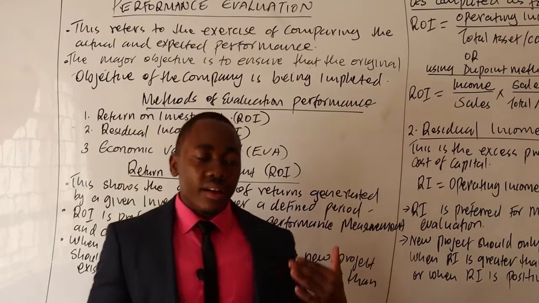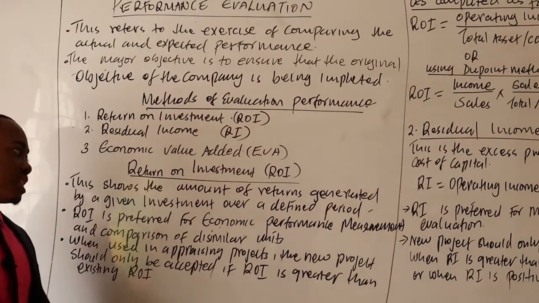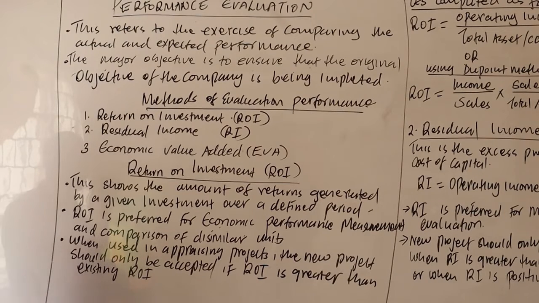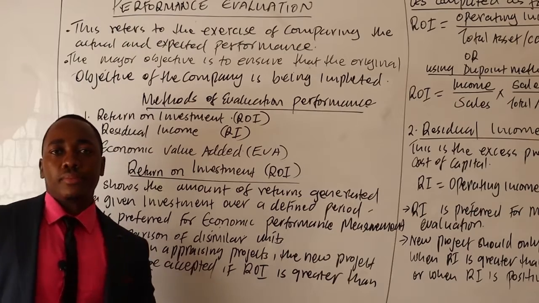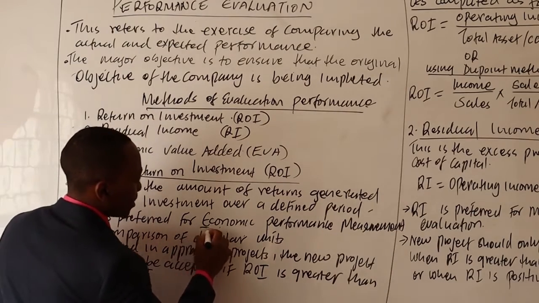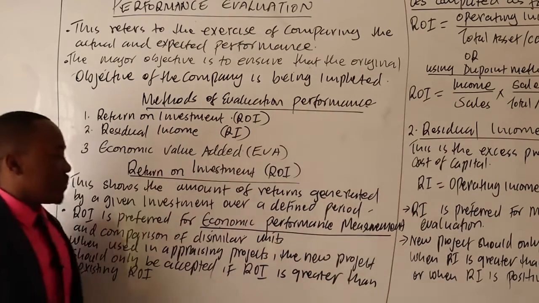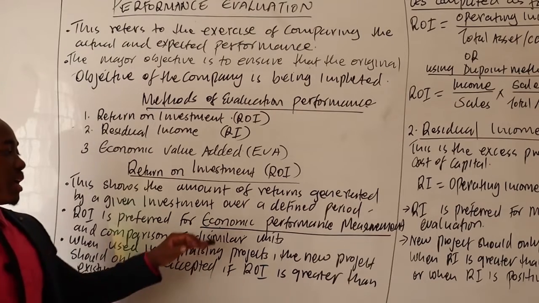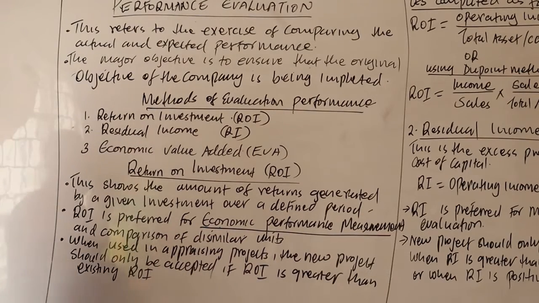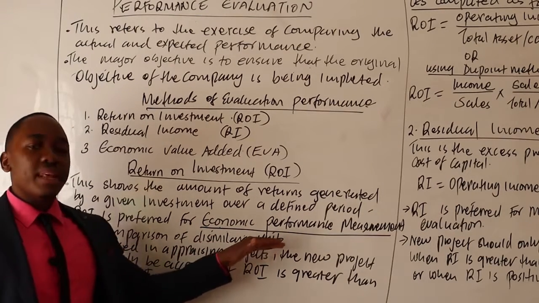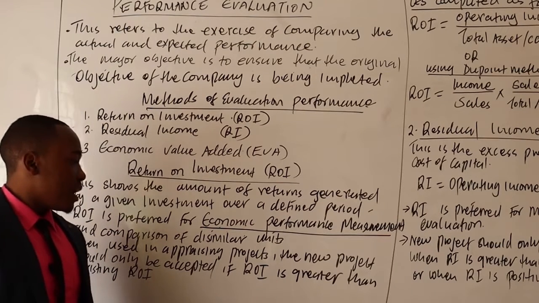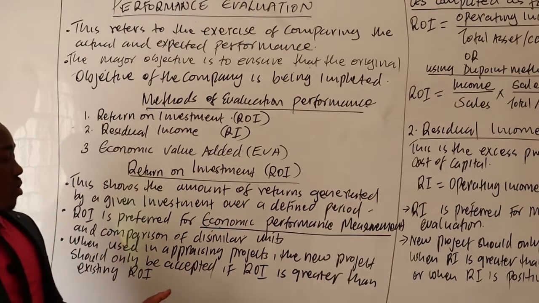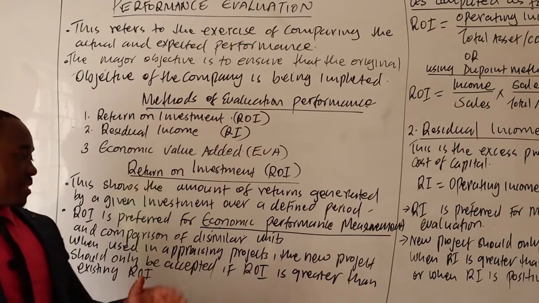So that's how you get return on investment. Is that simple? And then ROI is preferred for economic performance measurement. So that's very important. It's also preferred for comparison of dissimilar units, when the different units are operating at different autonomy, or operating independently and are dissimilar.